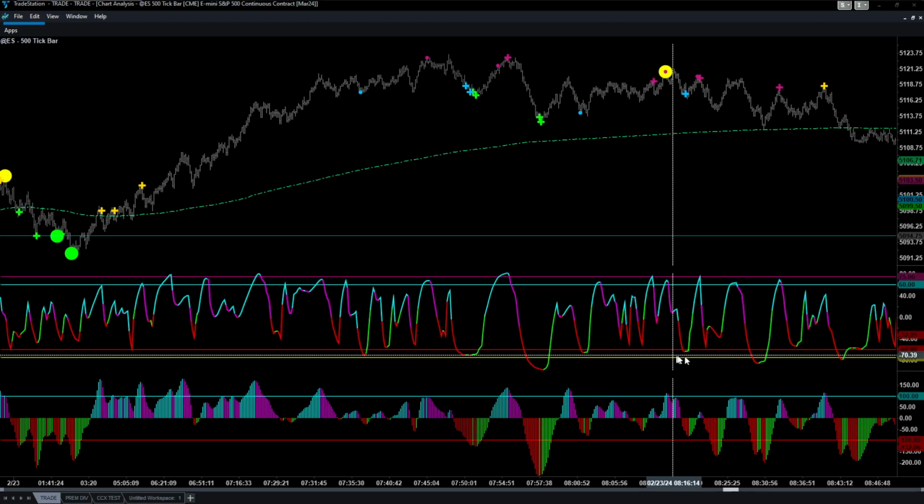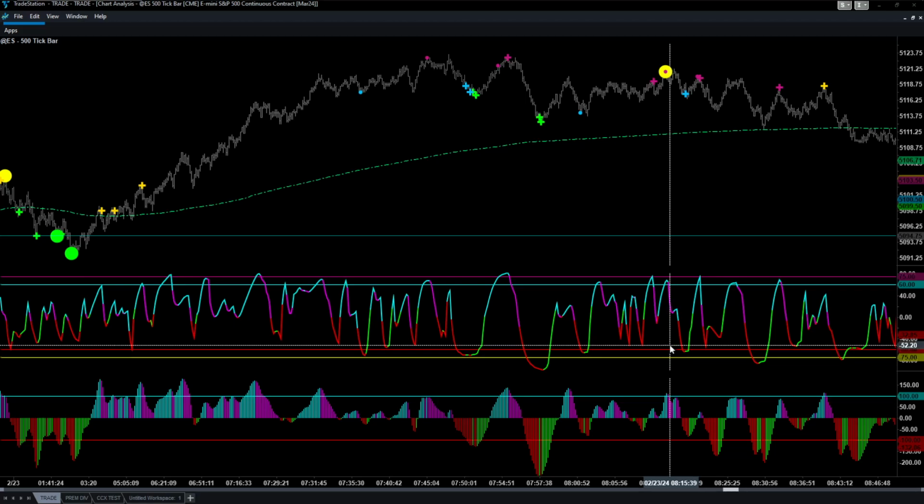Now, what we want to do when we're in fact trading this, we want to look for and verify what the trend is. And so once we hit that high, you're really not going to be looking to go long because you've already got a very clear indication of the trend here.